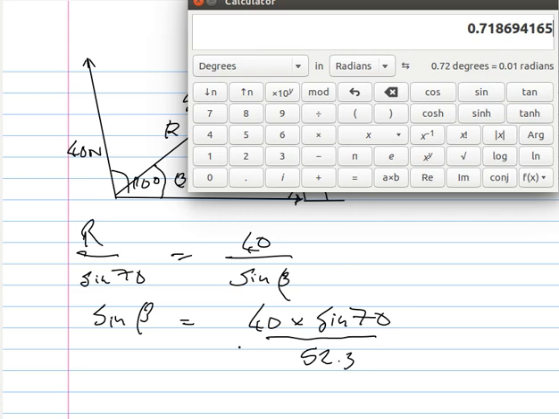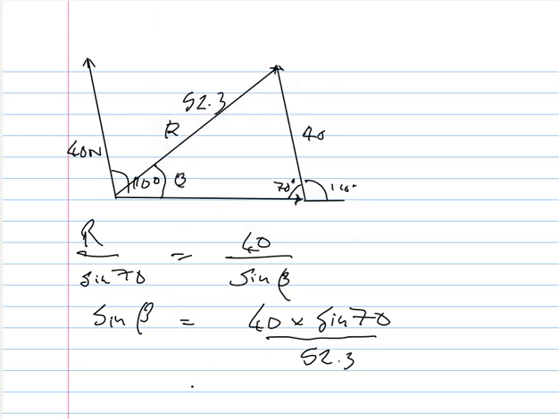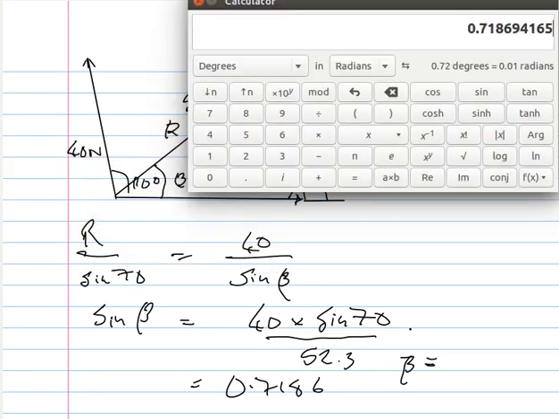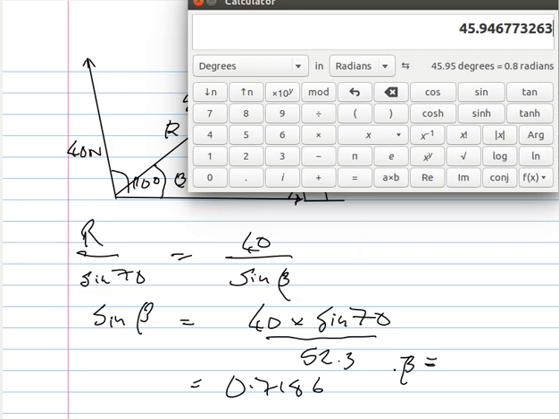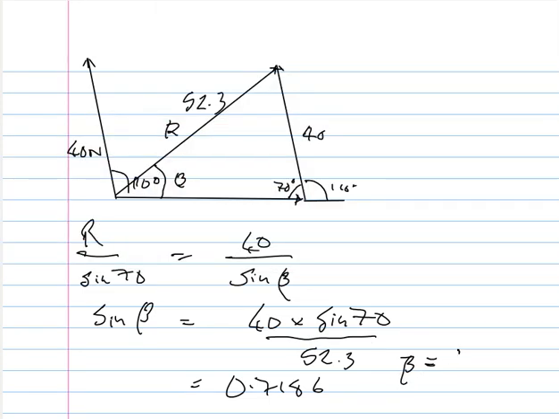So sine beta equals 0.7186. And so beta is the arcsine of that, sine to the -1 of that, which is equal to 45.9 degrees.